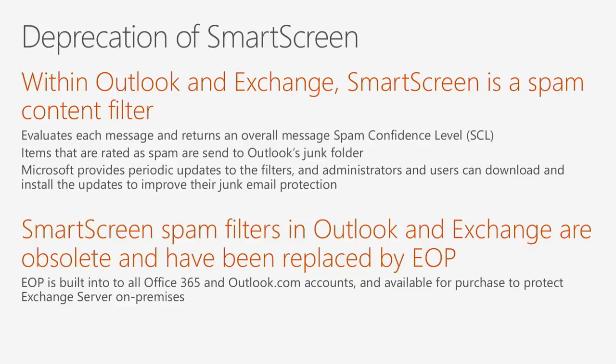Now, another thing that's coming very quickly is we are deprecating the SmartScreen technology inside of Outlook and Exchange. This is actually very old technology. It was, I think, first introduced with Exchange 2003 SP2 as part of the IMF, the Intelligent Message Filter.